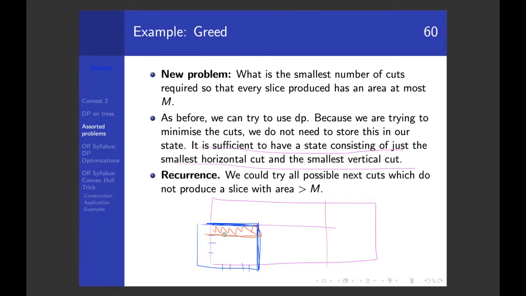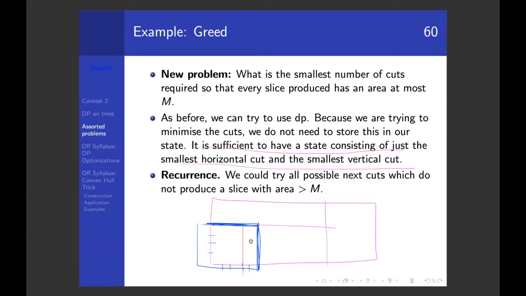Or you could try this cut here. As long as this area is less than or equal to M, 1 cut plus DP of this. Let's say this cut produces a slice that is greater than M. Then we can't do this cut, so we ignore this state. Same thing here. Area less than M, we go 1 plus DP of this.